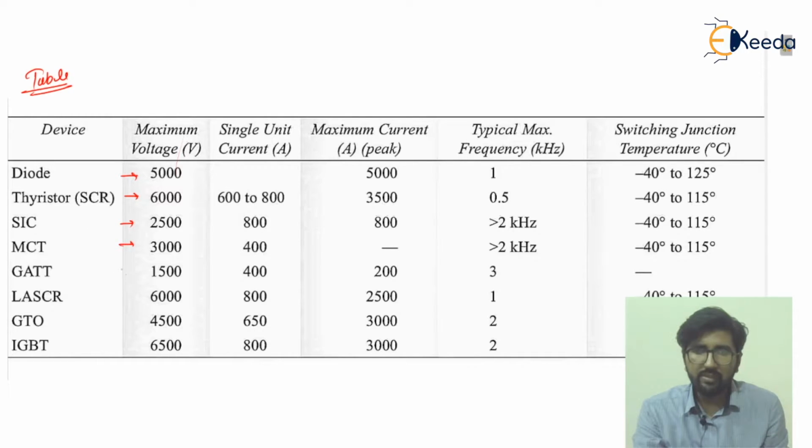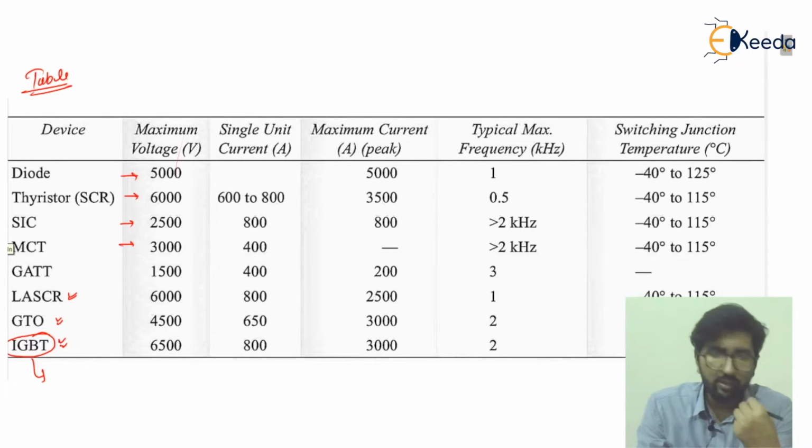We do not have to study all of them. We only need to know about LASCR, GTO, and IGBT, and mostly we have to know the IGBT, because nowadays we are using this advanced technology, the IGBT, insulated gate bipolar transistor.